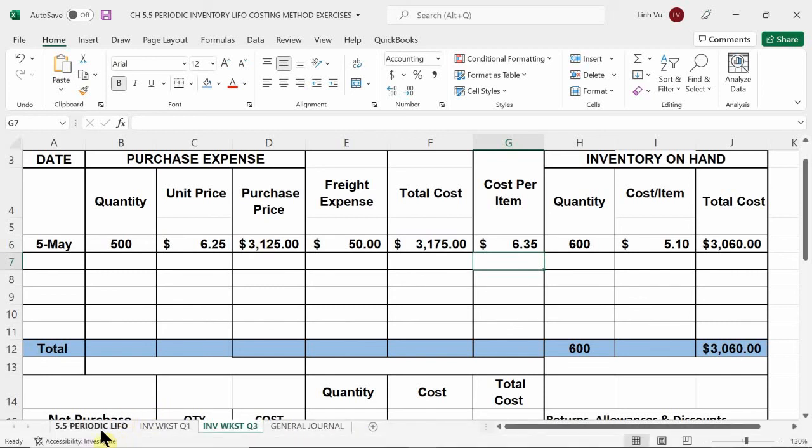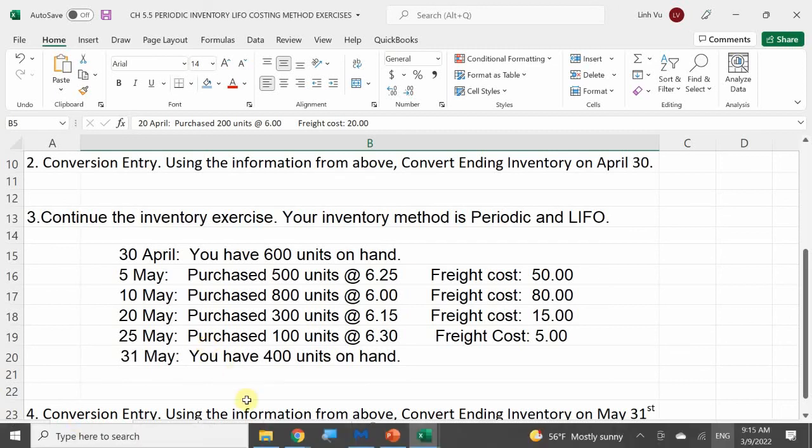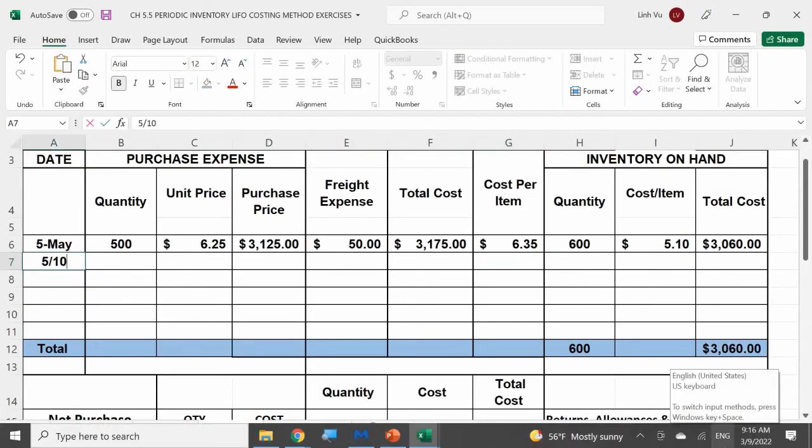So let's see what happened next. Now it's May 10. We purchased an additional 800 units at $6 each with a freight of $80. So let's plug those in. May 10, we purchased 800 units at $6 each with a freight of 80.